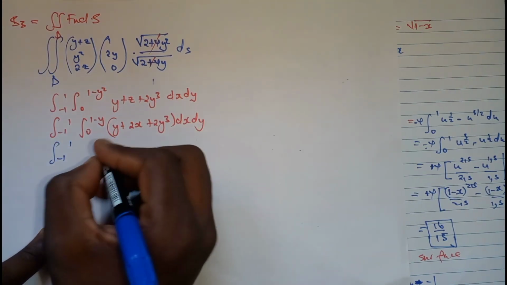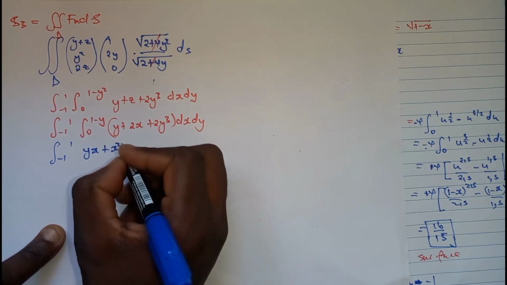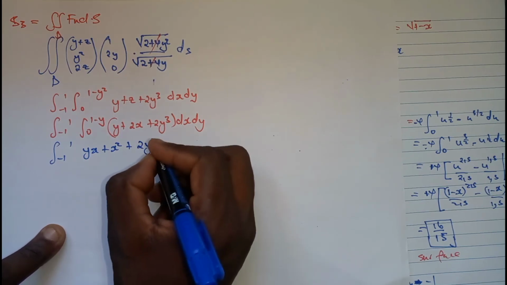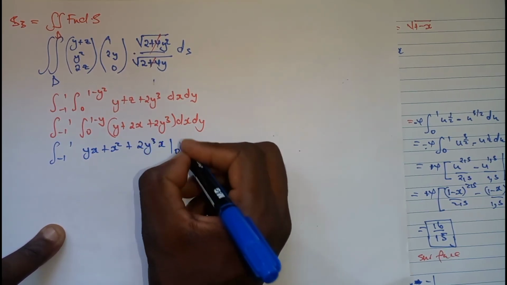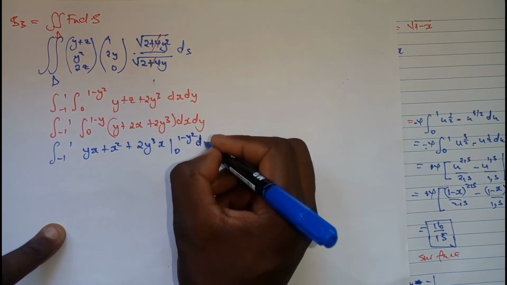And what about here? I'm going to have yx plus x squared plus 2y to the power 3 x, from 0 to 1 minus y squared, dy.